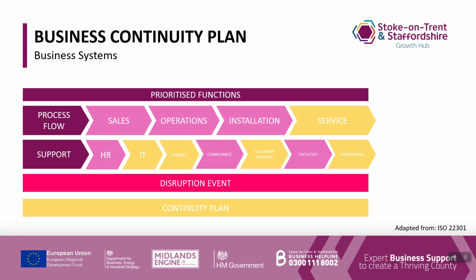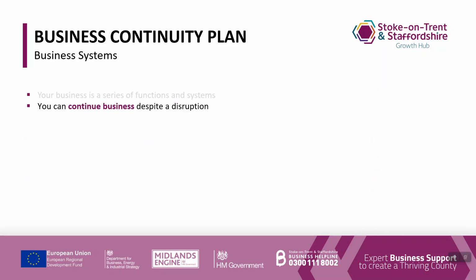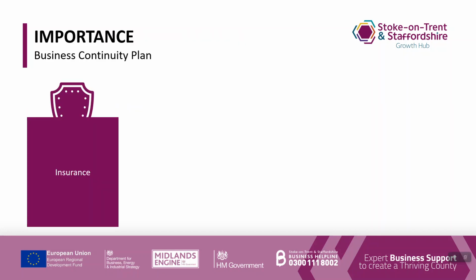Business continuity planning, as a result, identifies what this disruption event is and then provides a plan of action on how the company can continue despite this disruption event. So ultimately, it's continuing business despite a disruption, whatever that disruption might be.